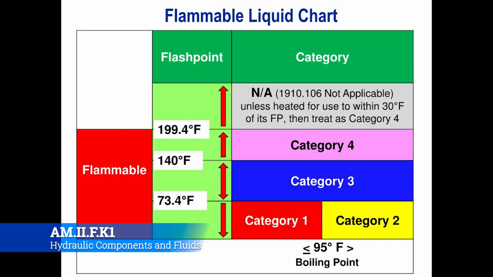If you take a can and leave it out in the sun, even in the middle of winter, it could get up to one of those temperature thresholds. 140 degrees in the middle of a desert in Iraq, I'll tell you, is very easy to do. You put something that's like a Cat 3 flammable liquid in a can, and then set it out in that sun.